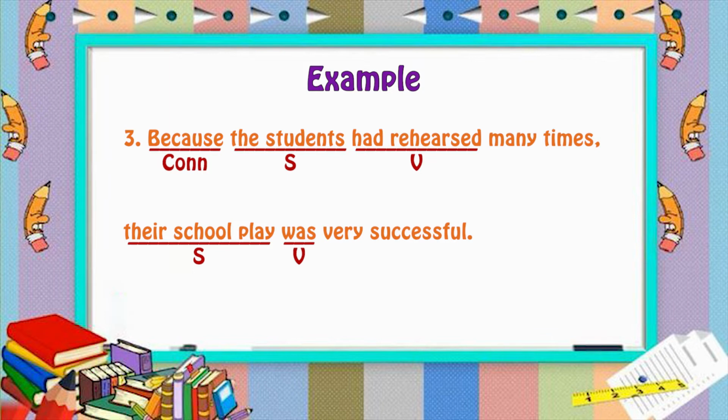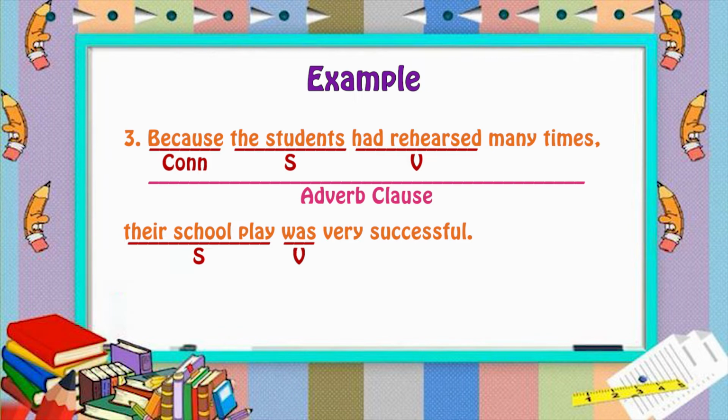The school play is the subject, and was is the verb. Because the students had rehearsed many times is the adverbial clause, and their school play was very successful is the main clause. So the adverbial clause is in the initial position.